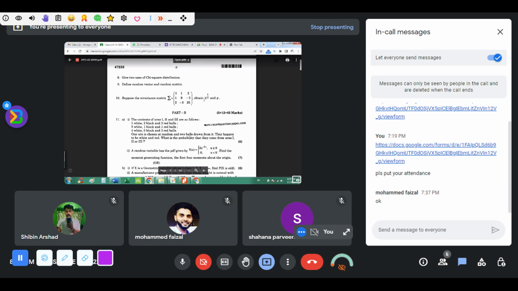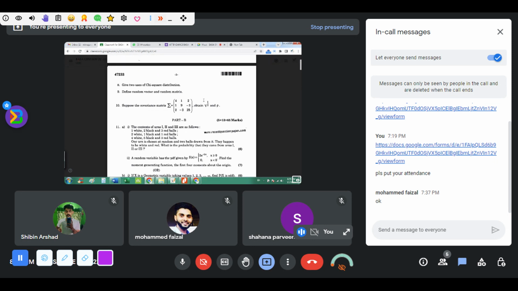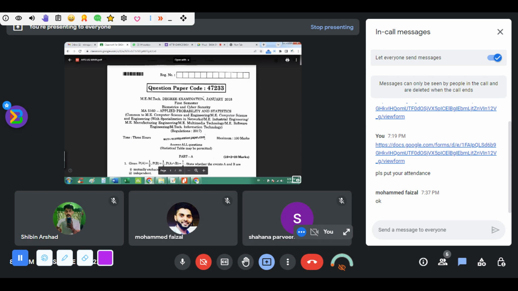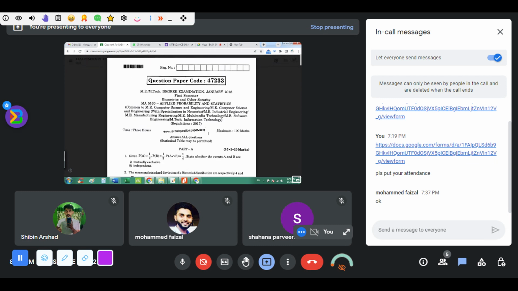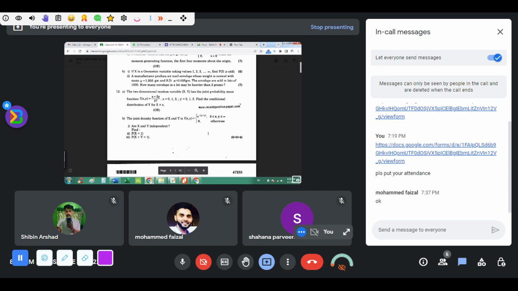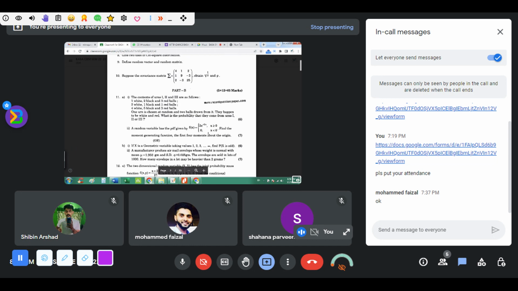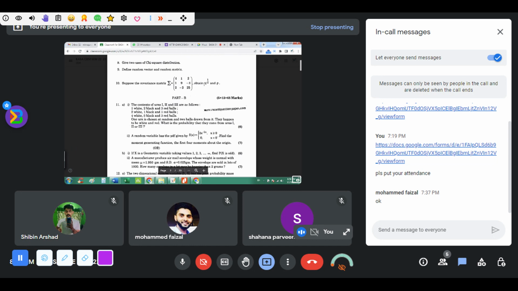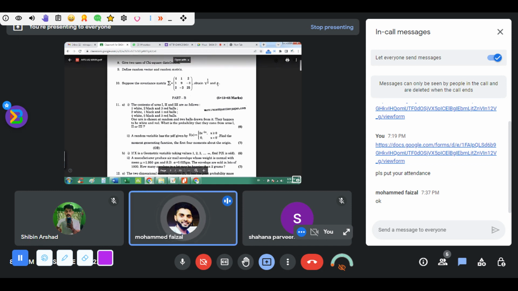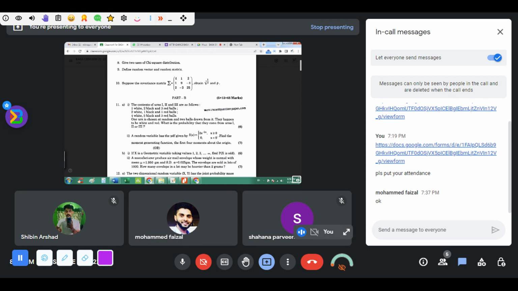This is the Anna University question paper. This also has the same 15 units. What is the question here? Point V power 1 by 2 and rho. Rho means population correlation, which I just explained. And V power 1 by 2 is standard deviation. Here also we check the random vector and random matrix.